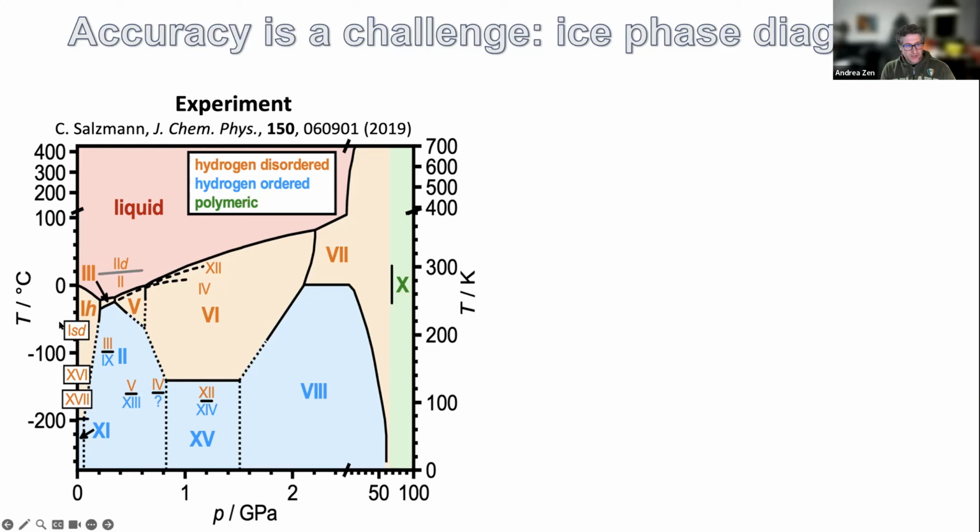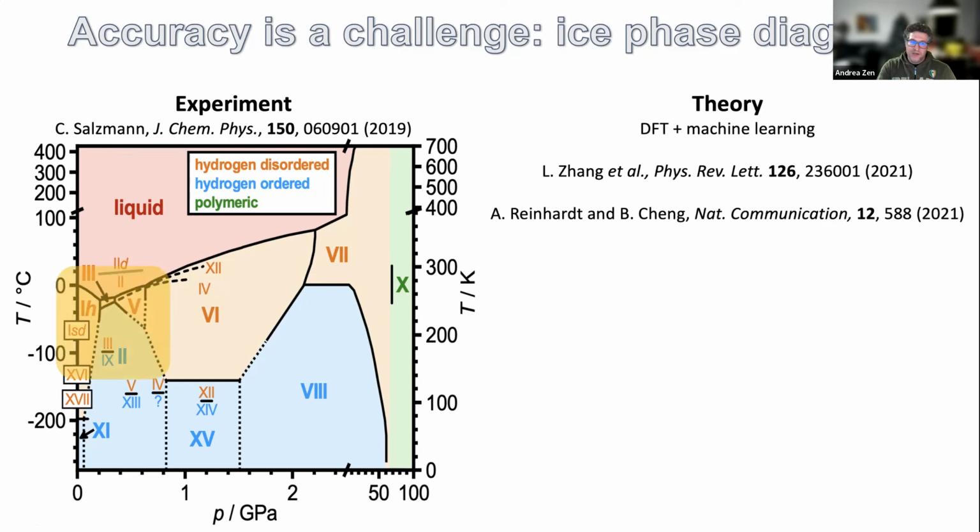Depending on the temperature and pressure, the most stable polymorph is different, and there are all these phase transitions. So we might ask, can we predict such a complicated phase diagram with simulations? There have been recently two works that try to do that by using density functional theory and machine learning.